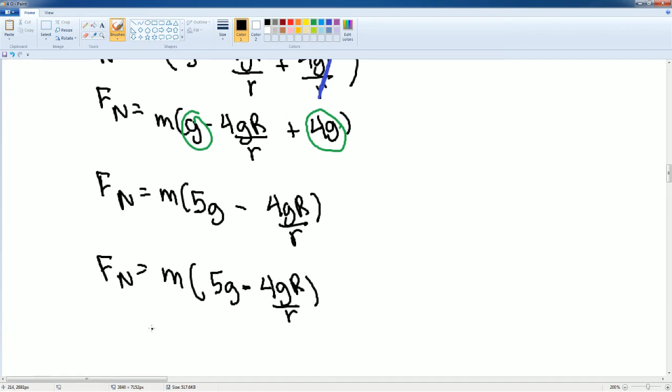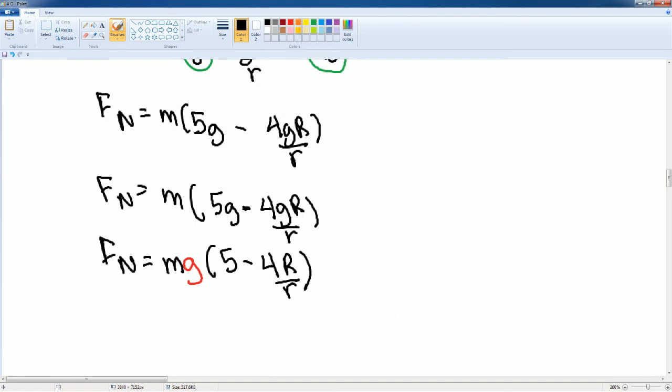And then, what else can we do here? There's a g in both terms, so I could factor out a g. So m, g, and what's left is 5 minus 4 big R over little r. Why?